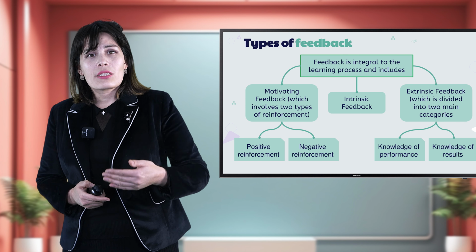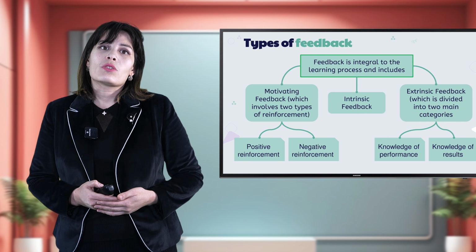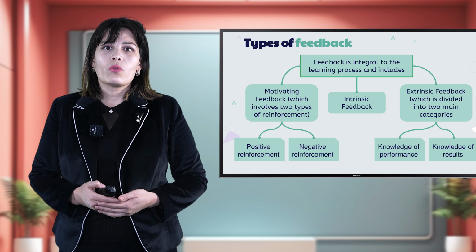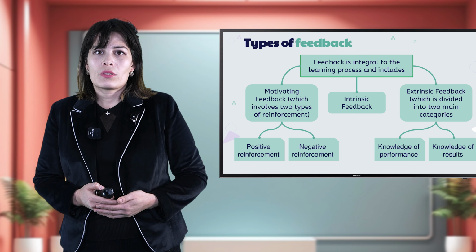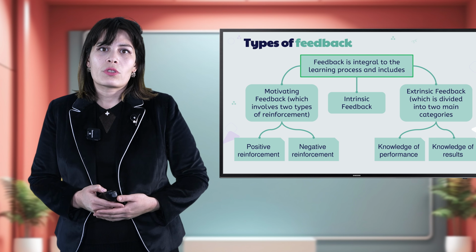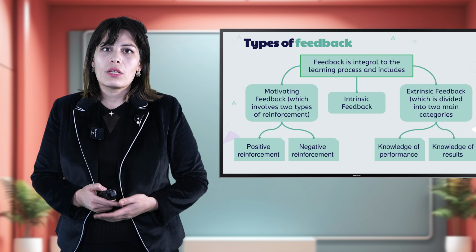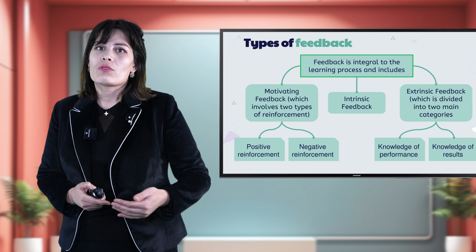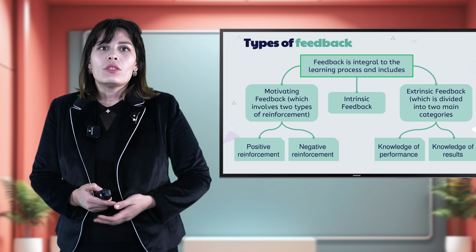And the next type of feedback is called motivated feedback, which involves two types of reinforcement. The first one is positive reinforcement and the next one is negative reinforcement. So this is all about the types of feedback.